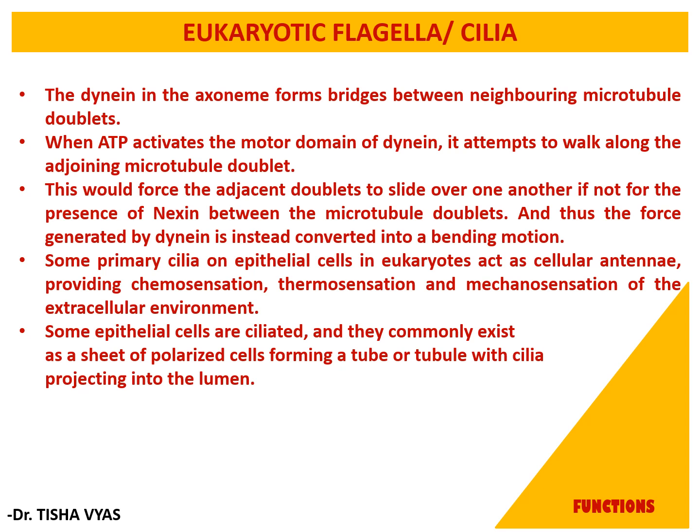It also has other functions like sensing the extracellular environment. Some primary cilia on epithelial cells in eukaryotes act as cellular antennae, providing chemosensation, thermosensation, and mechanosensation of the extracellular environment.